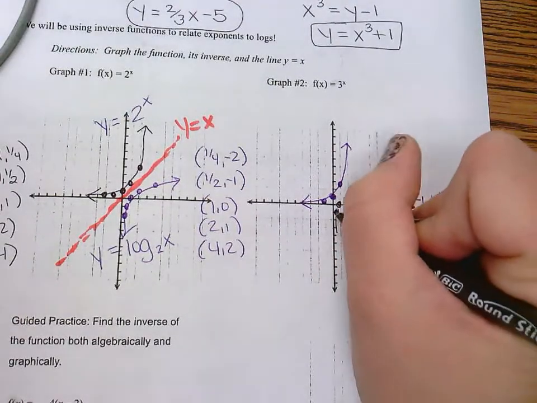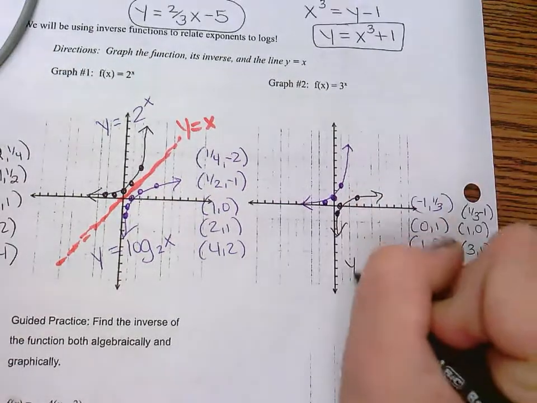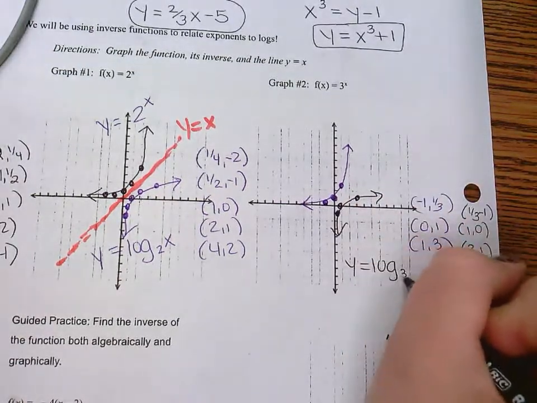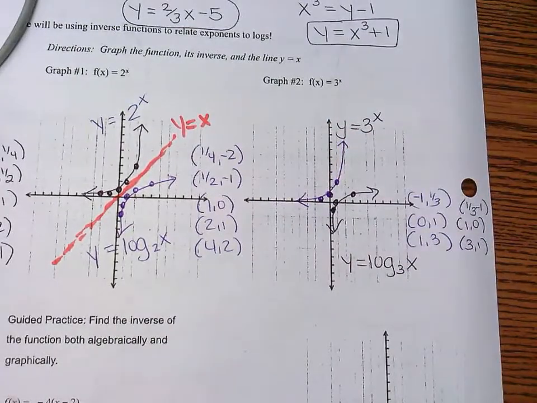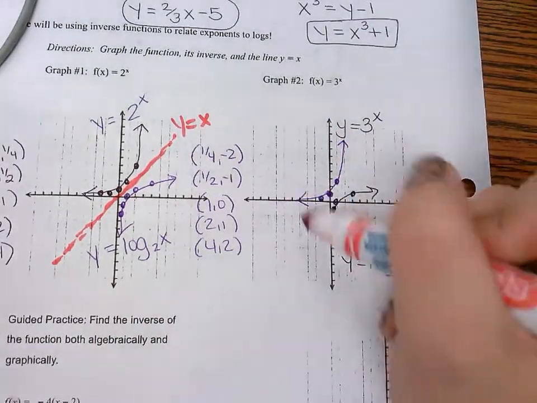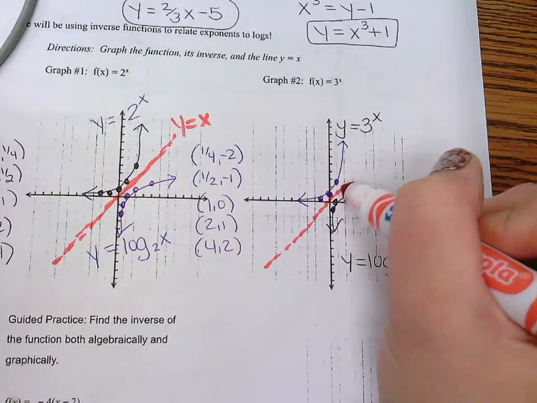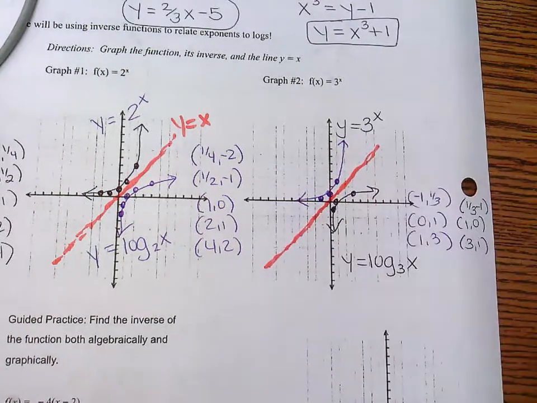So here's my second log graph. This is y equals log base 3 of x because this was 3 to the x. So we're going to learn more about these log functions next class. And there's your reflection over the line y equals x.